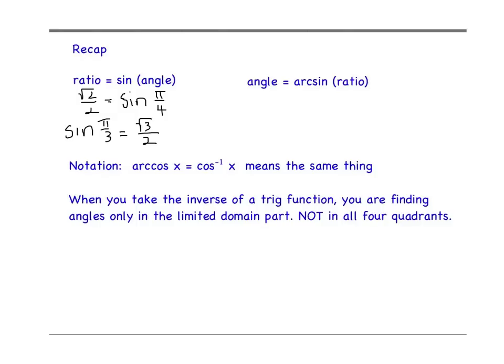All right, the inverse of this would be an angle. The angle, pi over 4, is equal to the arc sine of the ratio, square root of 2 over 2. All right? Or I could say that pi over 3 is equal to the arc sine, notice the different notation, of square root of 3 over 2.